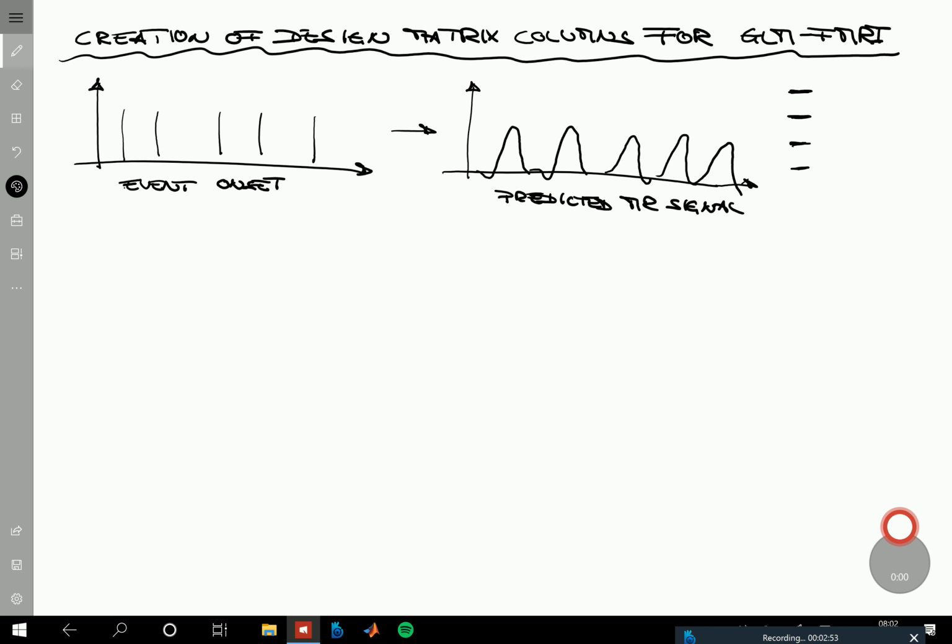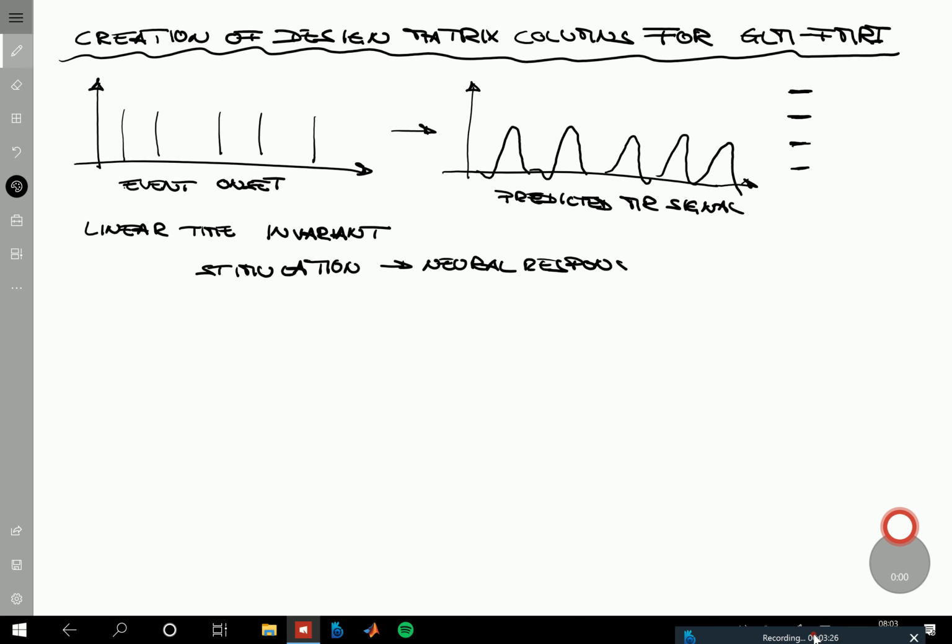And another thing that we've seen and discussed in the neurocognitive methods course was the idea of a linear time invariant system, namely that this whole experimental setup of stimulation, and then neural response, and then hemodynamic response, let's call it HR, and then MR signal, that this to a degree behaves as a linear time invariant system.